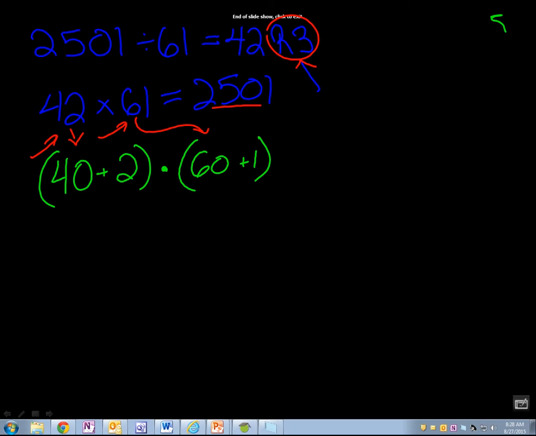The way that the distributive property works is, since we have a 40 here, we're going to have to multiply 40 by 60 and also multiply 40 by 1. And you guys remember the trick that I told you about multiplying numbers with zeros on the end? You take off the zeros and then multiply. Good.